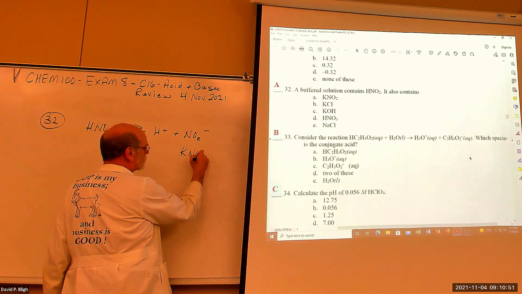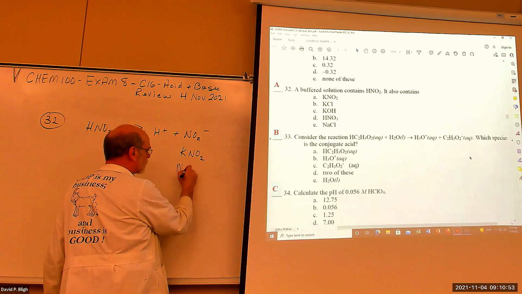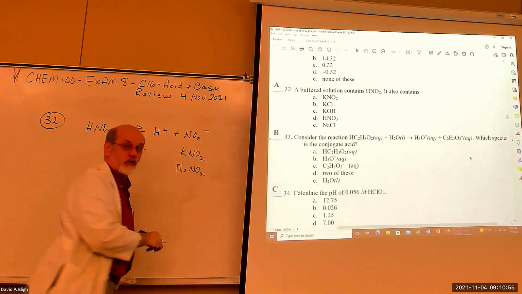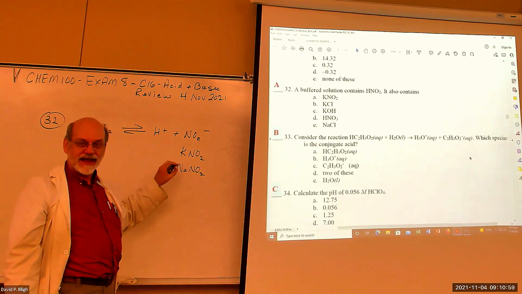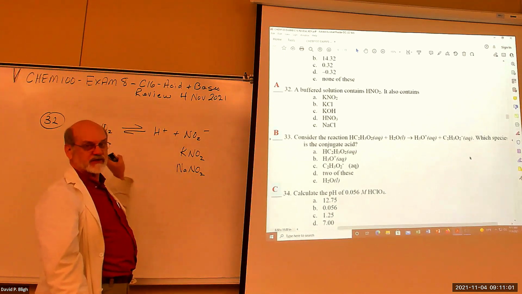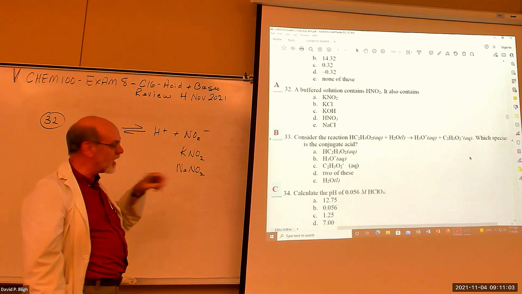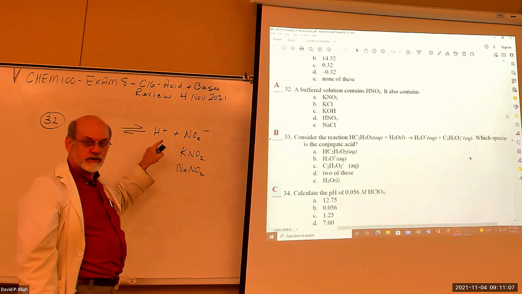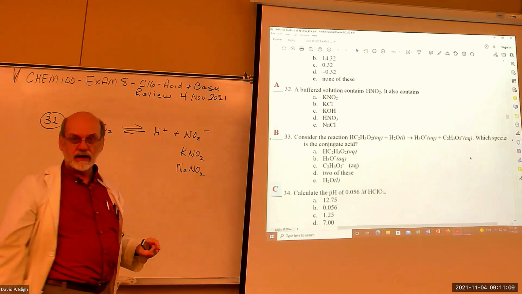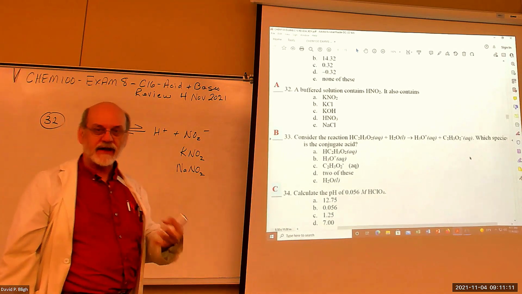Potassium or sodium are good choices. So you add some of this with some of that, and now you get the balance between this one and this one. You have to have enough of that one in solution in order to absorb the added protons.